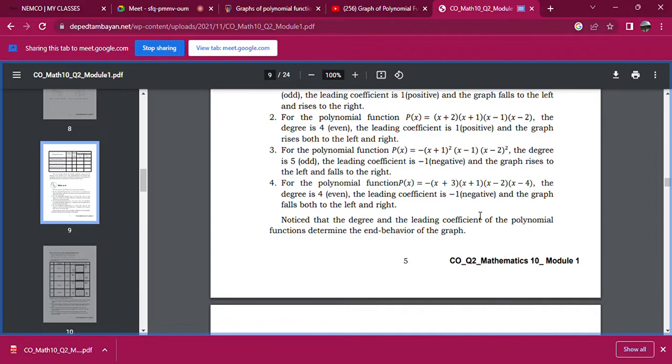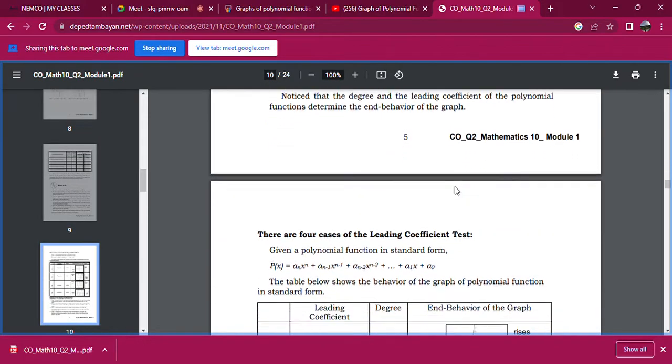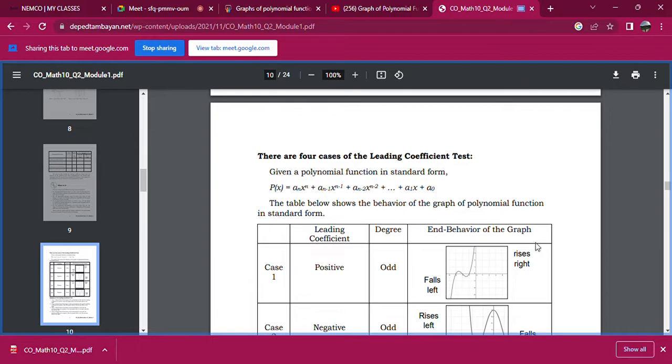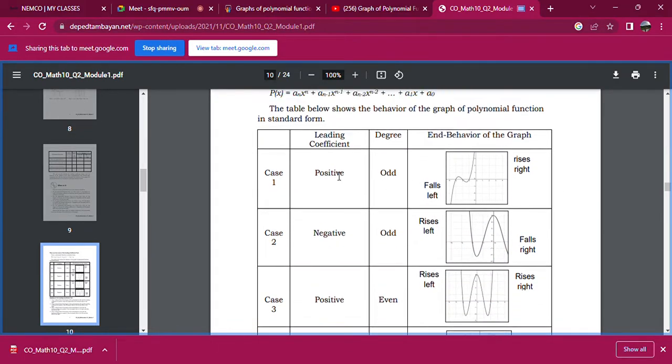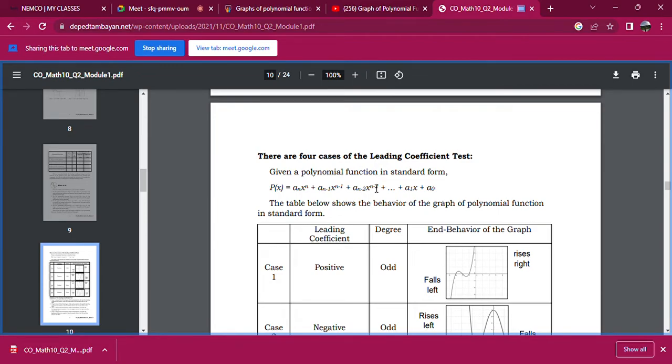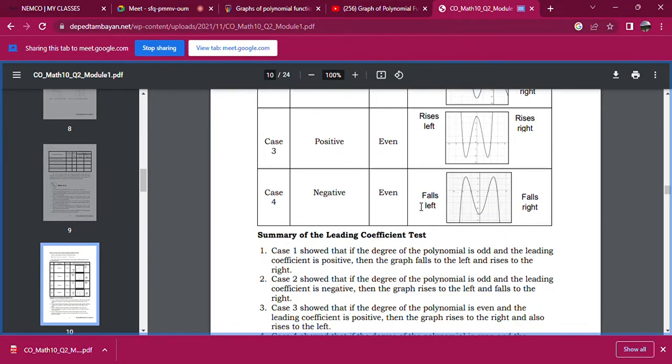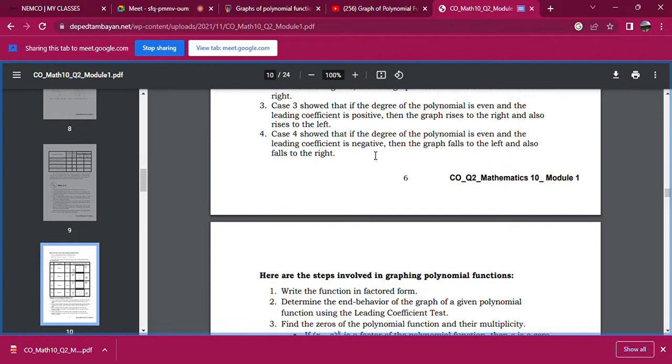Positive ang leading coefficient and odd ang imo degree. Unsa man ang behavior sa graph? Falls left, ma'am, tapos rises right. Okay, falls left and rises right. That's correct. So again, you have to familiarize these four cases of the leading coefficient test.